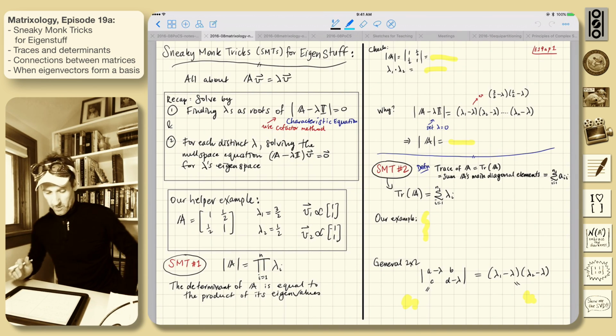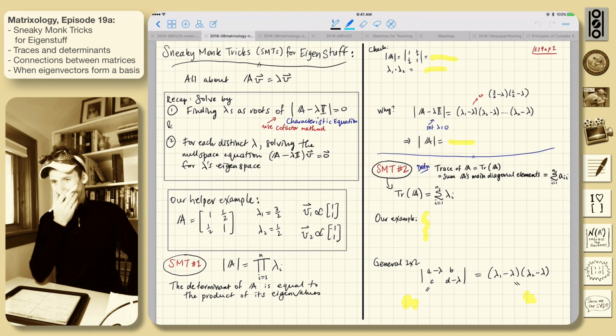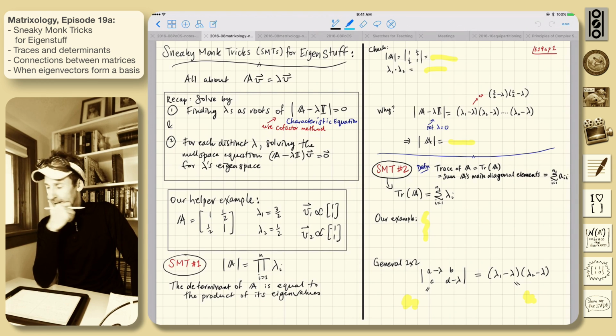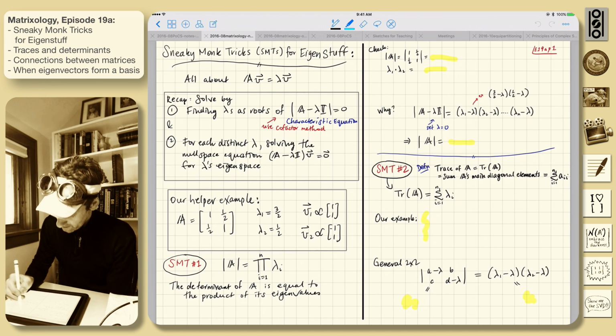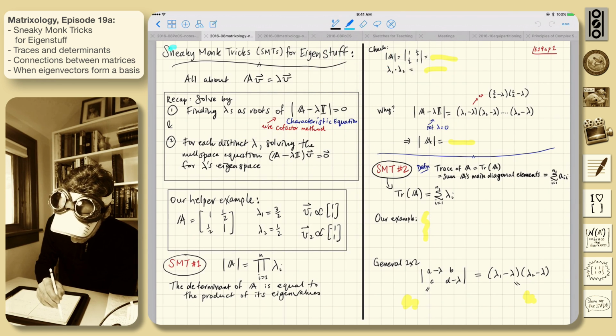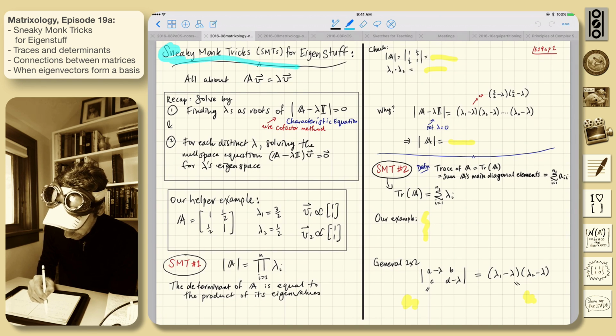Very exciting times, people. We are back to Eigenstuff. So we're going to first list a bunch of things that are very helpful for playing around with eigenvalues and eigenvectors. Sneaky monk tricks. A list of sneaky monk tricks here. And then we will get to diagonalization, which is a beautiful thing.